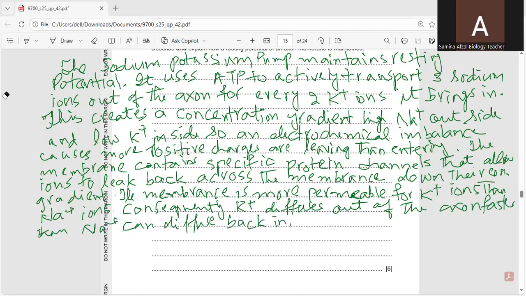So more potassium ions will go out in comparison to sodium ions.